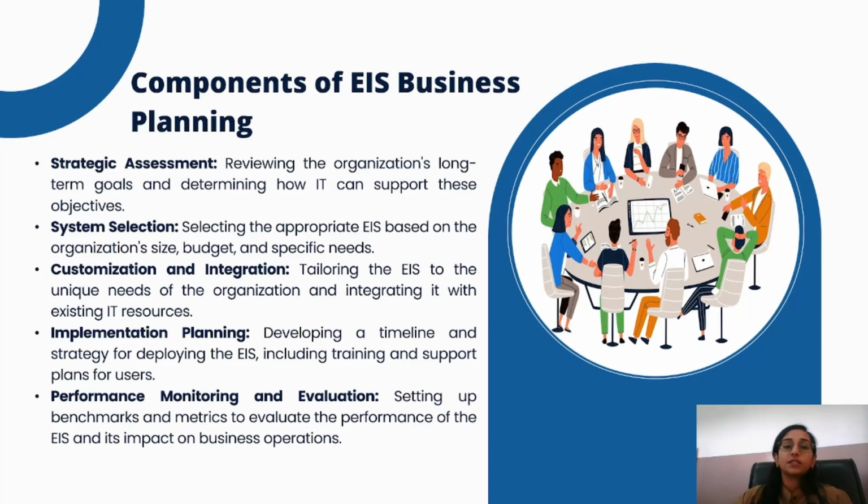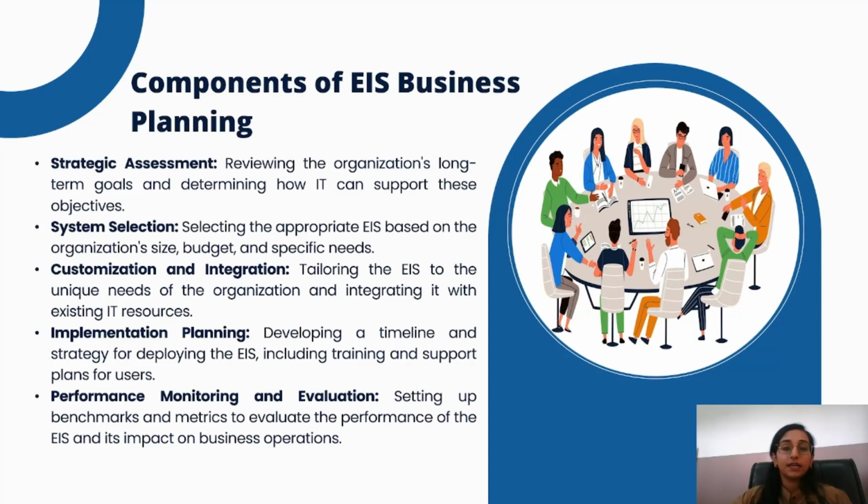So, customization of EIS is a critical step in the implementation process because it tailors the system to the specific operational needs of the organization. Here are some key considerations. First is identifying customization needs.